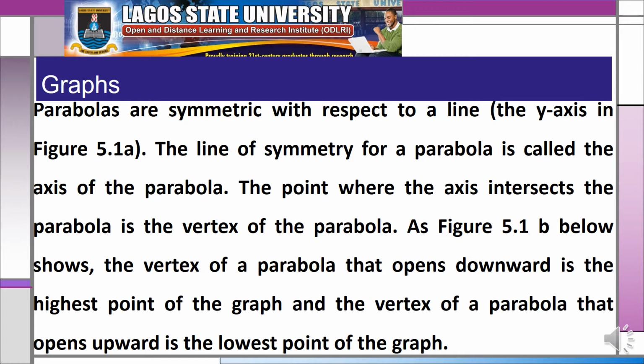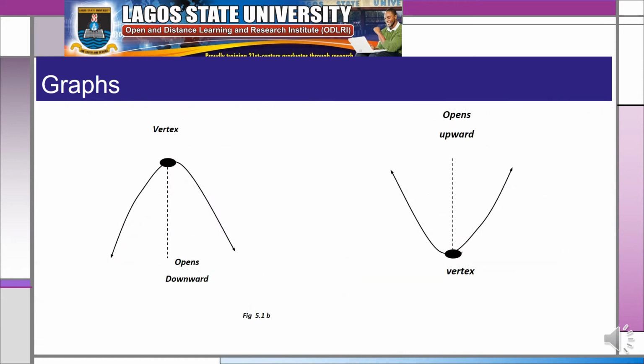The vertex of a parabola that opens downward is the highest point of the graph, and the vertex of a parabola that opens upward is the lowest point of the graph. These are shown, the one that opens downward and the one that opens upward.